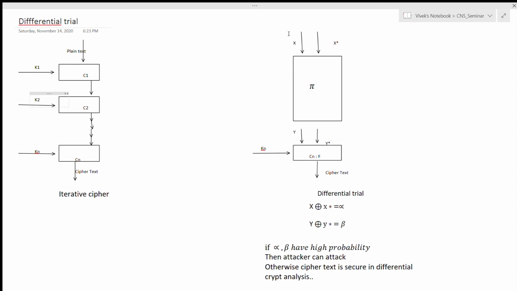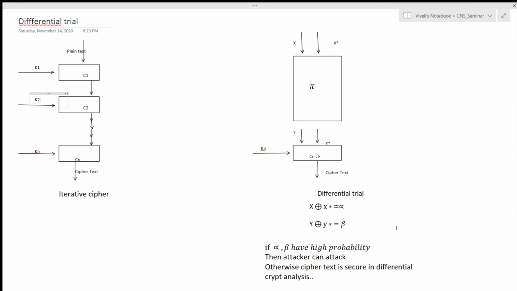Now consider two inputs, say x and x star, such that x XOR x star is alpha. Now we put them in the function pi and generate y and y star, so y XOR y star should be beta.